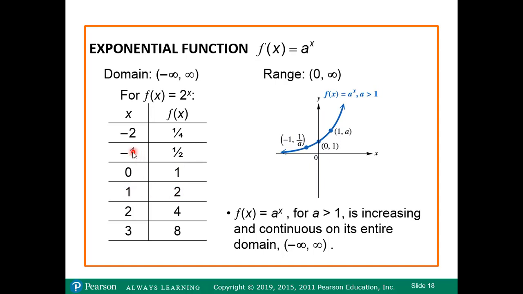Okay, so notice that it goes through -1, comma 1 over a, and this is 1, comma a. So these 3 points are always going to be the same: 0, 1, -1, comma 1 divided by a, and then 1, comma 2, or 1, comma a, the base.